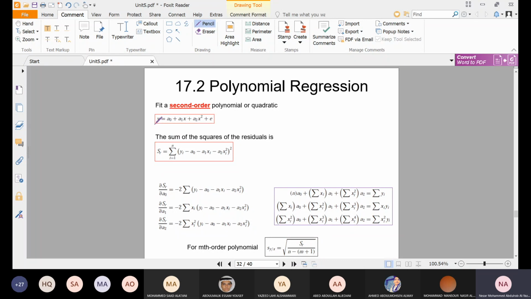What we have before is our observation y and the linear coefficient. So if we need a second order polynomial, we need the second order coefficient a2 multiplied by x power 2, plus the error, because here we have noisy data.